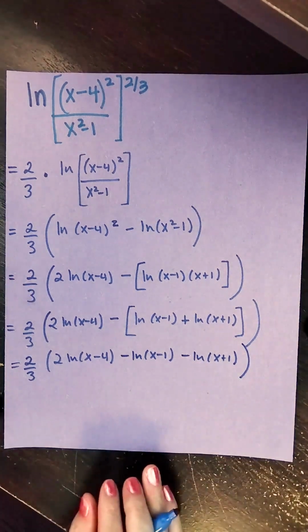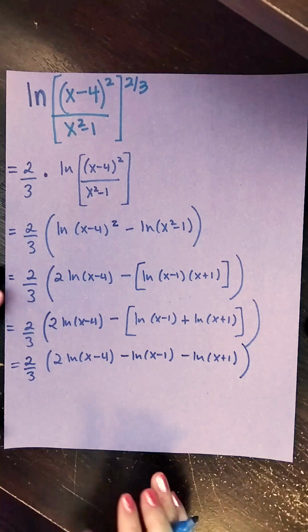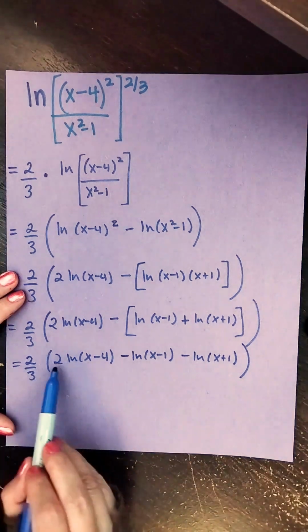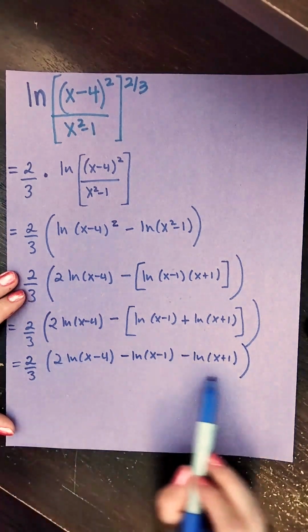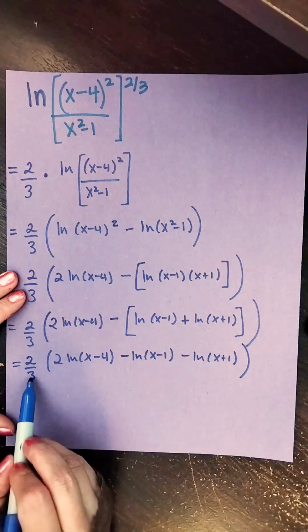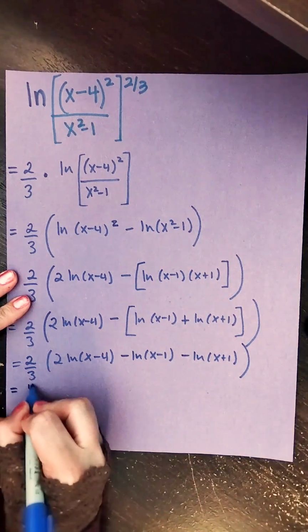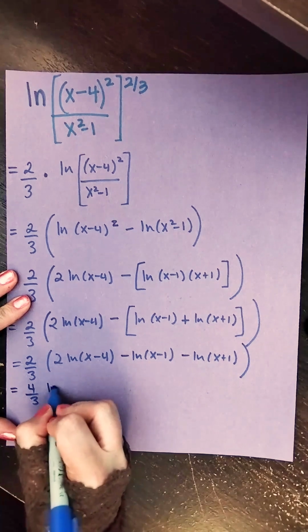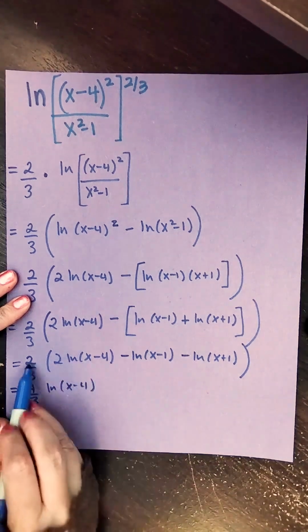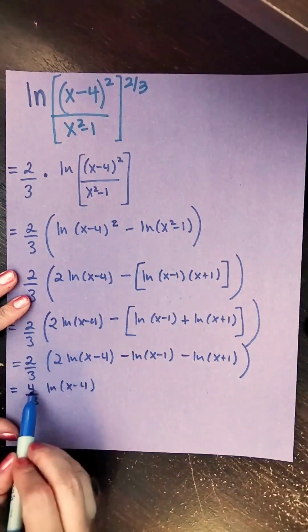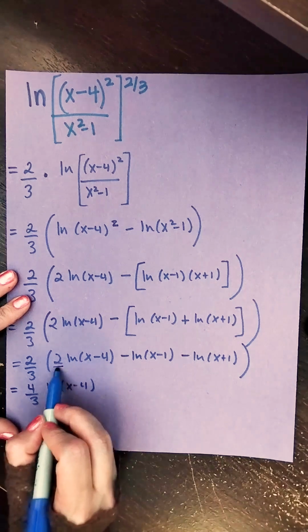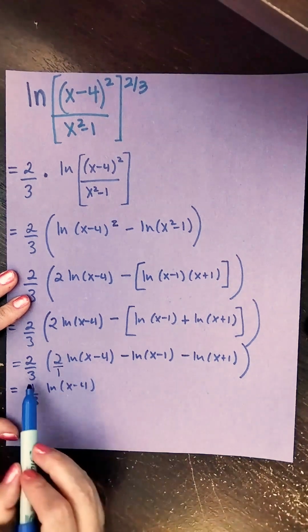Okay. And so then last, I want you to take 2/3 and multiply it to all of this in here. So we have 2/3 times 2 natural log of x minus 4, which is 4/3 times the natural log of x minus 4, right? Because 2/3 times 2, 2 times 2 is 4, and then 2 in fraction form can be written over 1, 3 times 1 is 3.